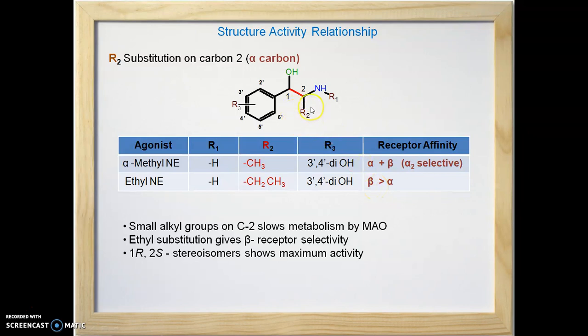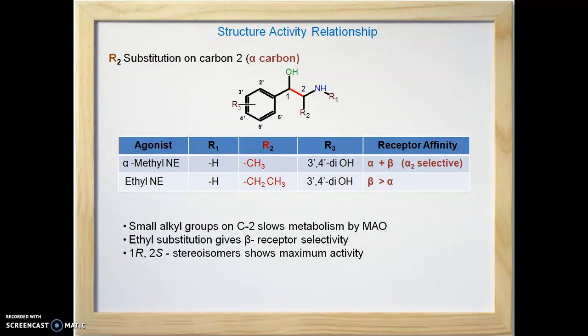Presence of small alkyl groups at carbon number 2 also slows down the metabolism by monoamine oxidase, but still it has little effect on duration of action in catecholamines, since catecholamines still remain substrate for COMT, that is catechol O-methyl transferase.